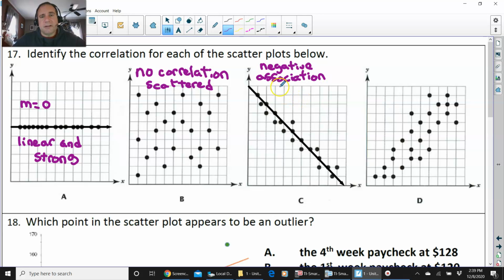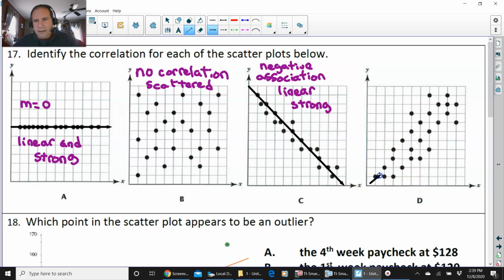And this is linear, straight, right? And this is a strong association because the points are clustered around that trend line, right? They're clustered tightly in that trend line. That means it's strong. Okay, one more.